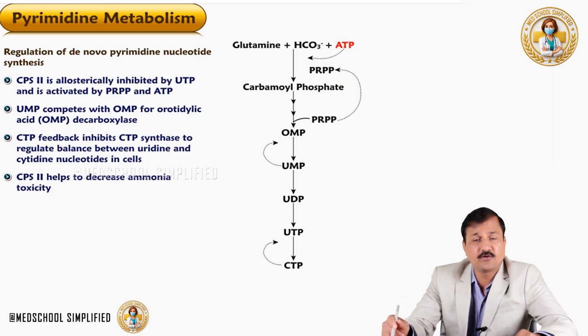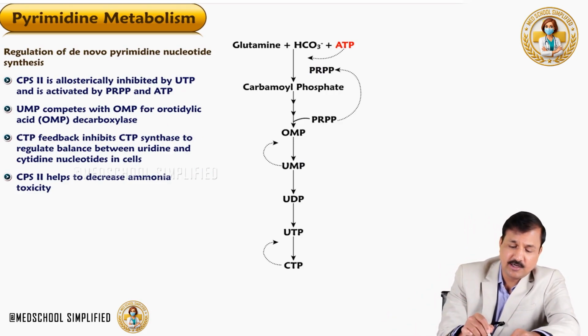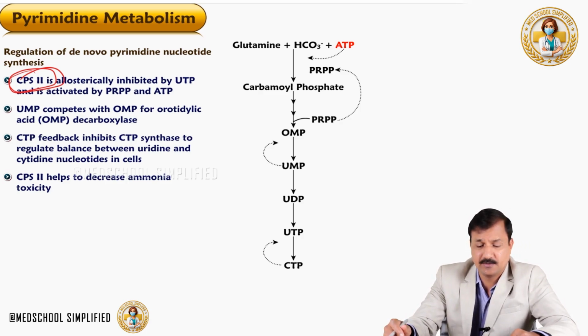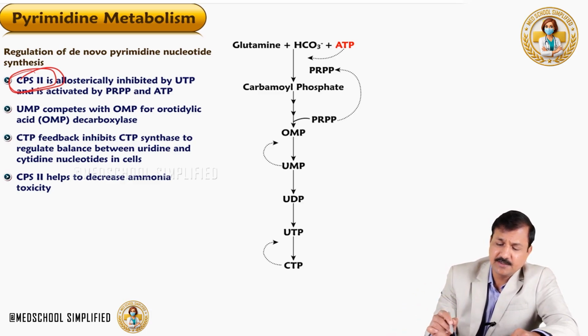Coming to regulation of de novo pyrimidine biosynthesis. Now, as I told you already, CPS-II is the most regulated enzyme in the pyrimidine biosynthesis pathway. So that means it is positively modulated by PRPP. It is allosterically activated by PRPP and ATP.